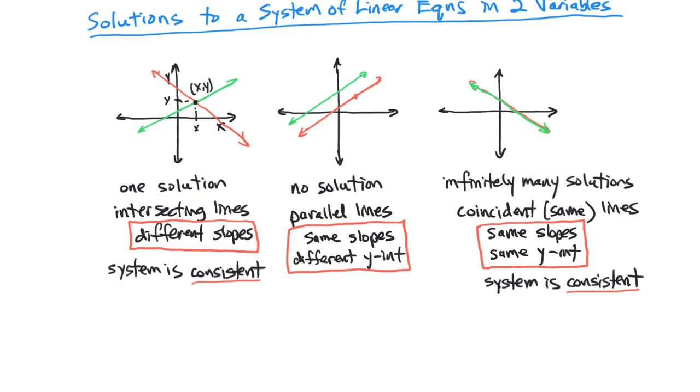Every single point on both of these lines is a solution to the system of equations because the lines are the same. System is consistent means there's a solution. So in this case, we would say the system is inconsistent. That just means there's no solution.